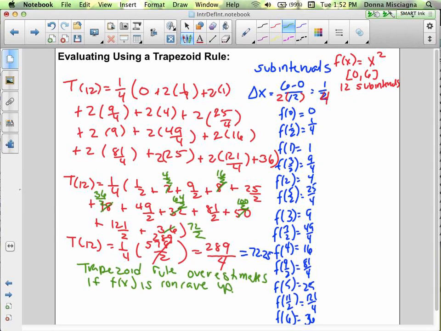So this is an overestimate as well. So the exact value is in between the trapezoid rule and the left-hand Riemann sum. But let's find out exactly what it is in the next video. So I'm going to pause this video and I'll meet you in the next video.